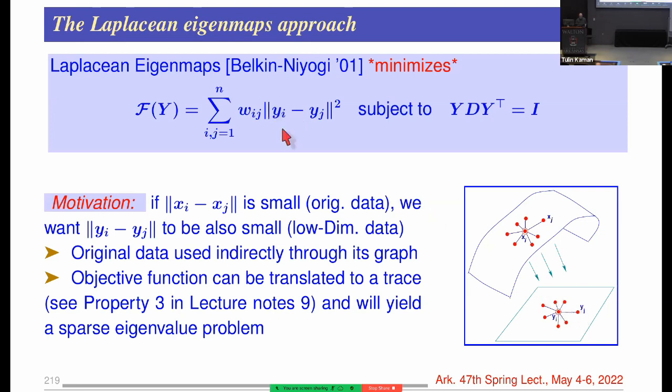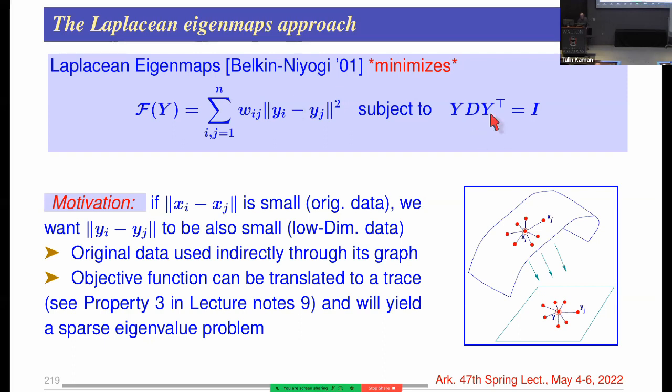So I'd like to do the mapping in such a way that these distances essentially are preserved. That means I have to minimize this, right? So when x_i and x_j are close, this also has to be small. So when w_ij exists, when it's non-zero, this has to be small essentially. That's the argument. And then it's not very difficult to solve this problem.